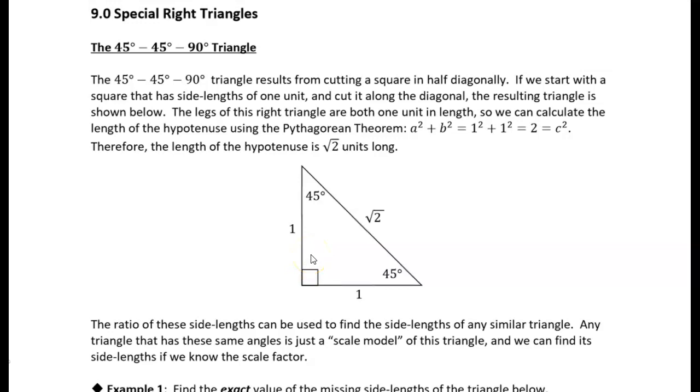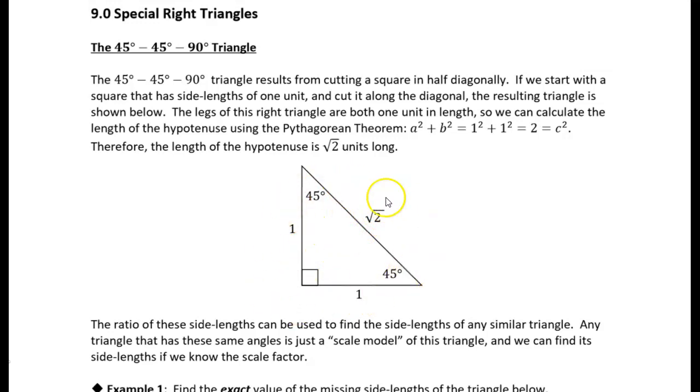So if we take just a very simple case where the two legs are 1 and 1, right, then we can find the length of the hypotenuse with the Pythagorean theorem, right? A squared plus b squared equals c squared. So c squared is 2, right, because 1 plus 1 is 2. And then the square root of that to find c gives us a hypotenuse of square root of 2.